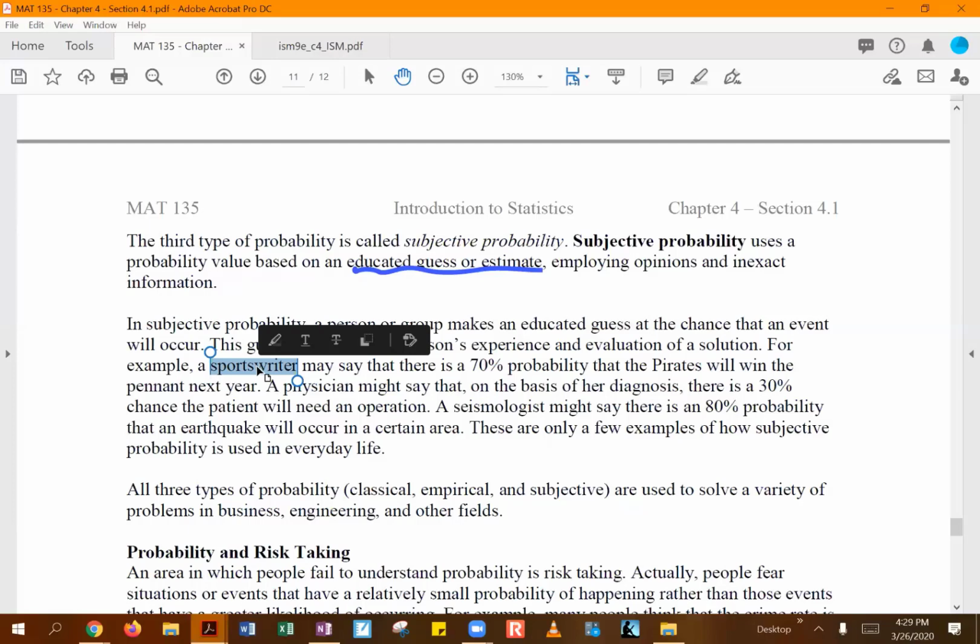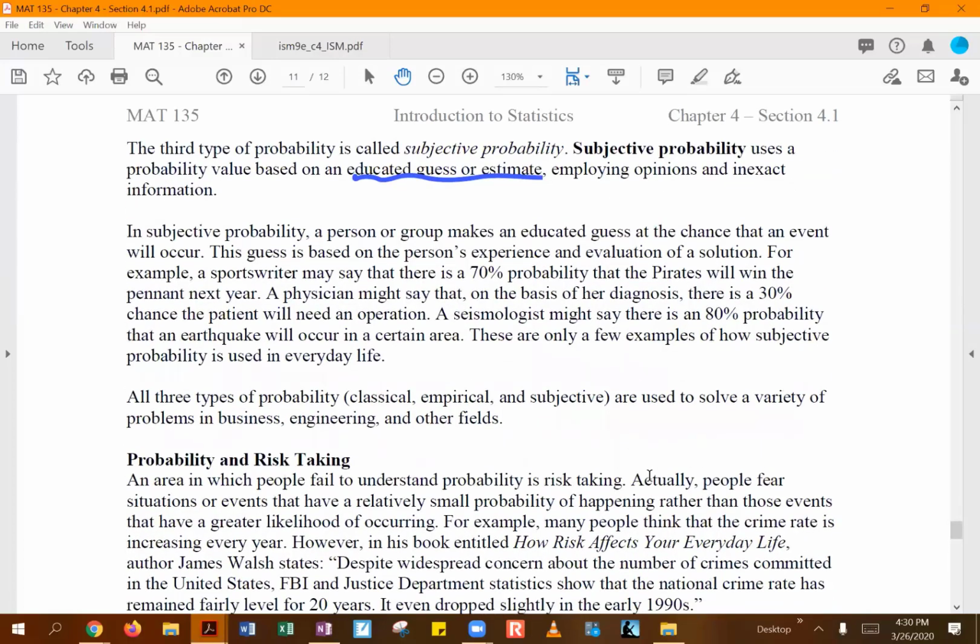They're saying a physician might say on the basis of her diagnosis that there's a 30% chance the person will need an operation. So same thing, evaluating the situation and then looking at the physician's experience themselves. A seismologist might say there is an 80% probability that an earthquake will occur in this area.